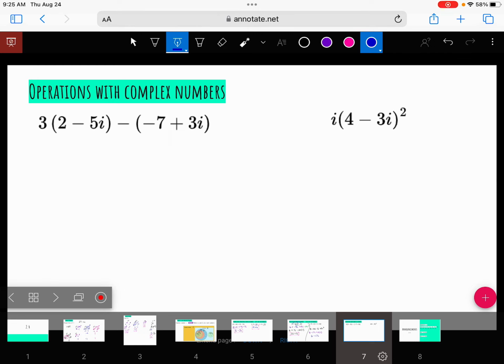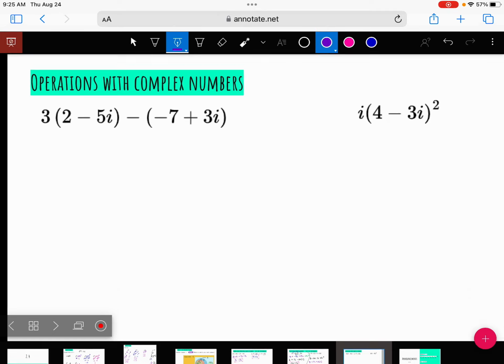So this is starting to combine things together. I've got some multiplying, some adding, some subtracting. Approach it how you see fit.